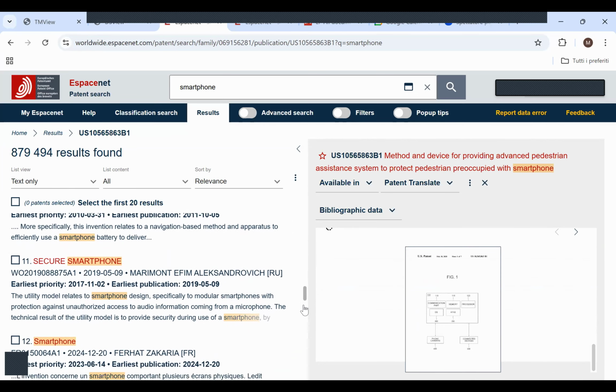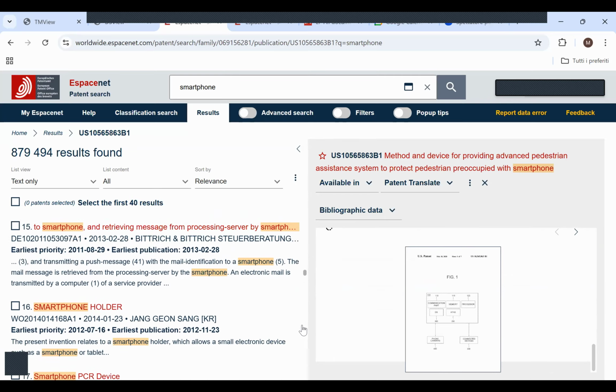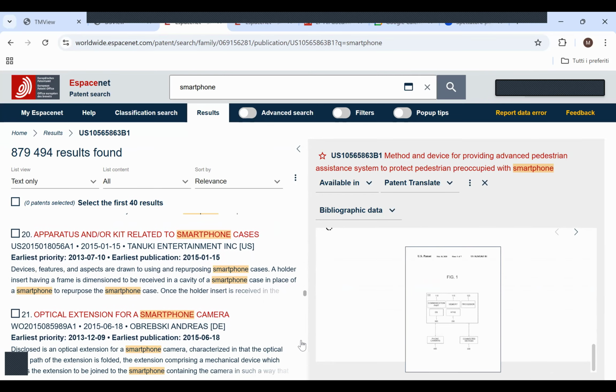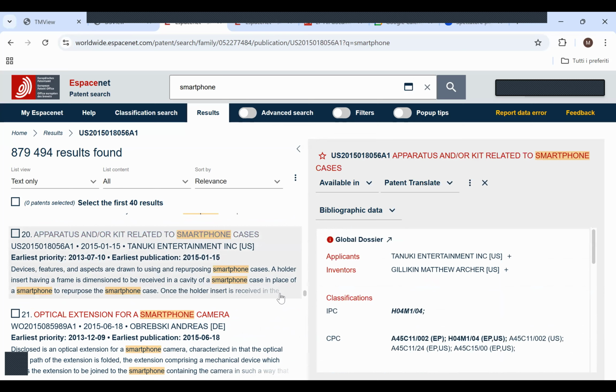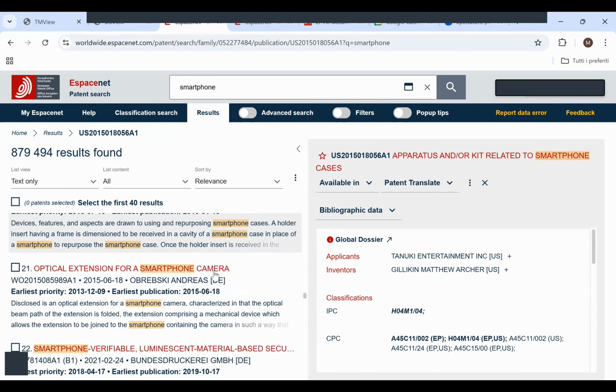Anyway, you may find here all the inventions that somehow relate to a smartphone. For example, this one is about cases, so it's completely different. This other one is about camera, so it's dealing with some kind of optical extension, lenses, and these kinds of things.